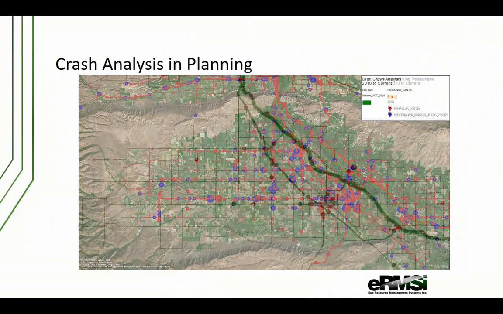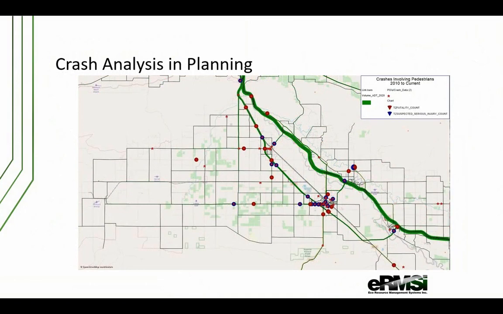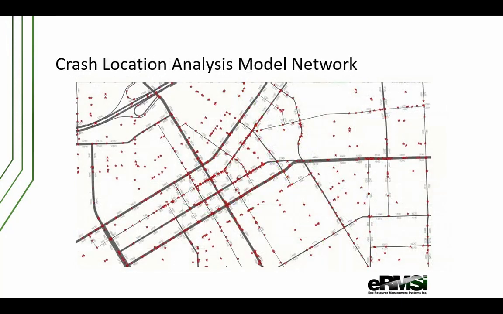It's pretty quick, easy. It's actually been used on grant applications. This is individuals walking along the road that were either severely injured or killed, and so we can see those locations and report them, and again, readily available here.